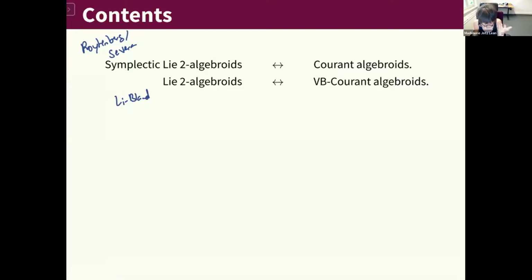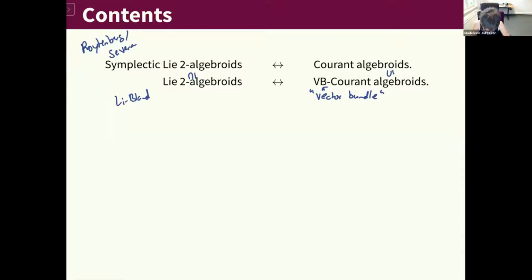But there's also another bijection, which is due to Blanc in his PhD thesis, 2012, of Lie-2 algebroids with VB-Courant algebroids. And if you look at those two lines, you might be slightly puzzled, because symplectic Lie-2 algebroids are special Lie-2 algebroids, while VB-Courant algebroids are special Courant algebroids. VB stands for vector bundle. So VB-Courant algebroids are Courant algebroids over vector bundles, which have a linearity property.